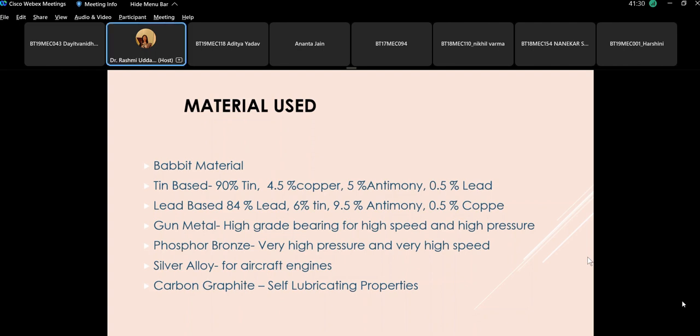No need for external lubrication. Yeah, it is impregnated with lubricant at the time of manufacturing, and every time it rotates, it can lubricate itself, and there is no need of external lubrication. So this is known as self-lubricating. So these are some of the materials used, and then there are many more, but these are the most commonly used materials for bearing.